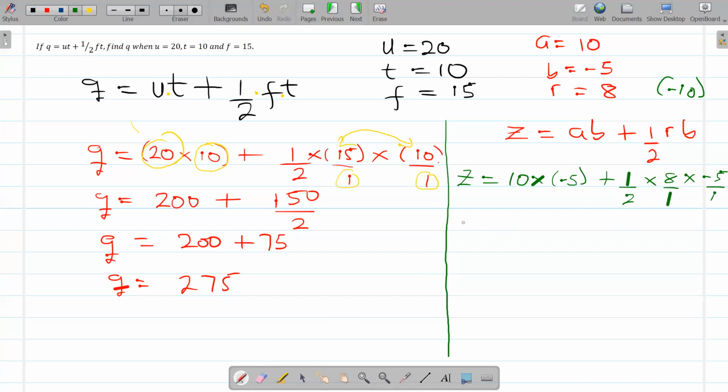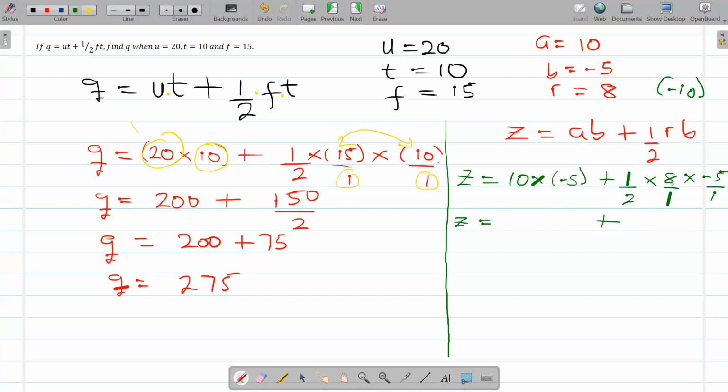Okay, so now let's move on. It's going to be 8 times minus 5. So what do you get for that? 8 is positive, the 5 is negative, so when you multiply, what do you get?